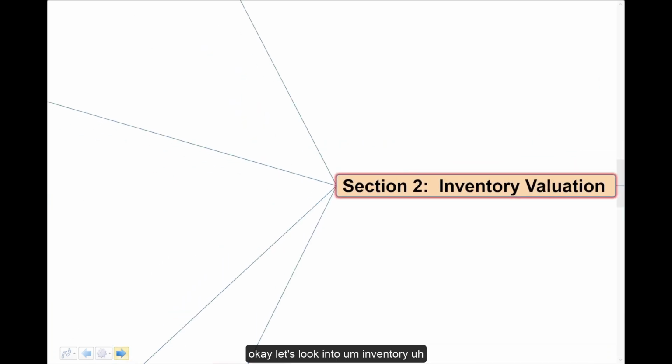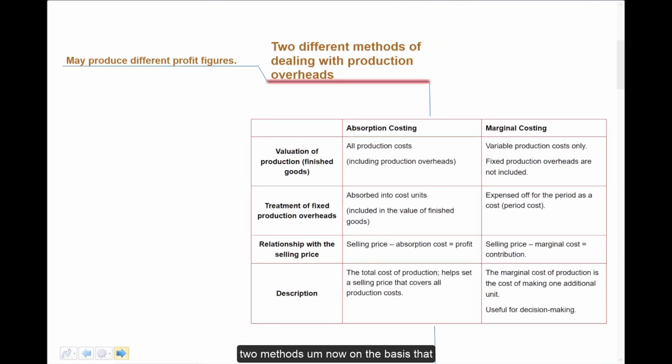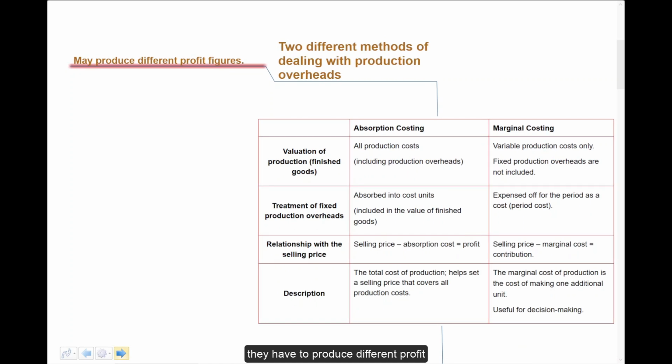Let's look into inventory valuation, given what we've said now. There are several areas here where we'll see the clear difference between these two methods. On the basis that marginal costing will expense fixed costs, and absorption costing will build fixed costs into inventory using some sort of absorption overhead rate, they have to produce different profit figures.